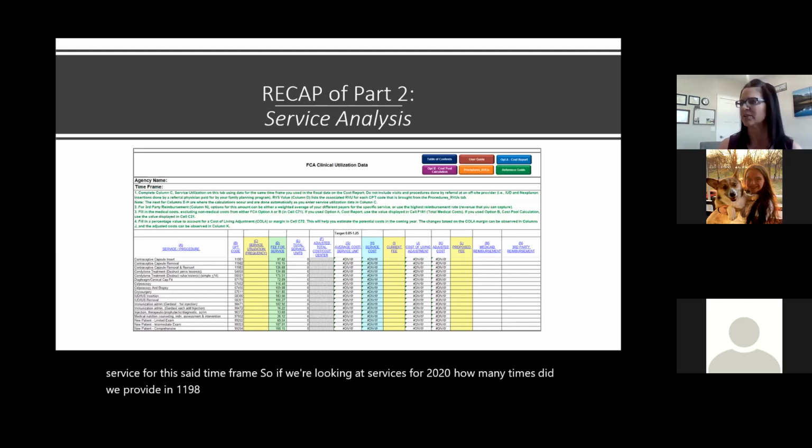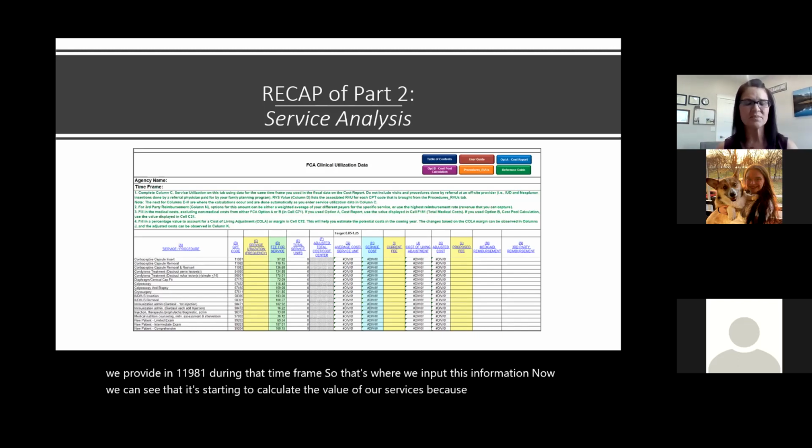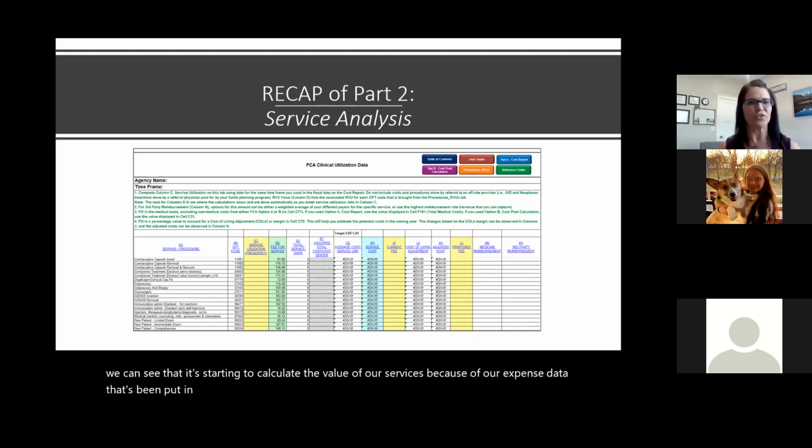So that's where we input this information. Now, we can see that it's starting to calculate the value of our services because of our expense data that's been put in there, our RVU data that is with the current Medicare fee schedule that helps to allocate these things. So it'll start to drive these results that we see here on tab 6 of our clinical worksheet.